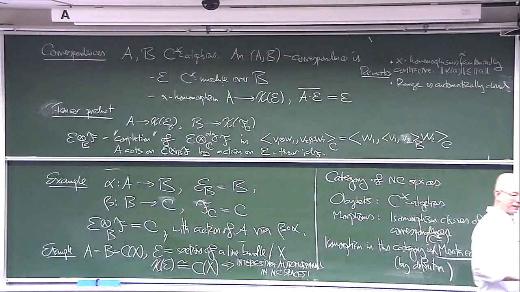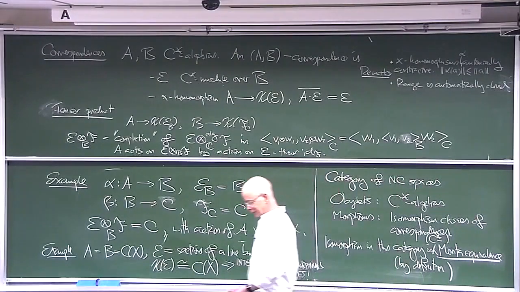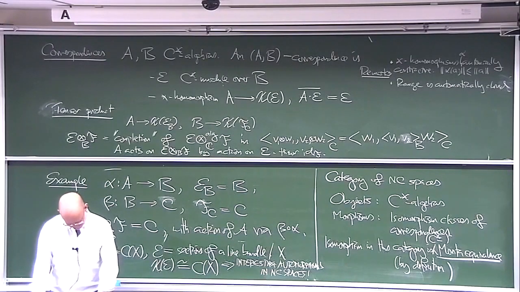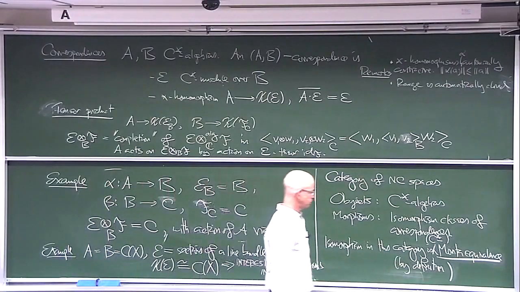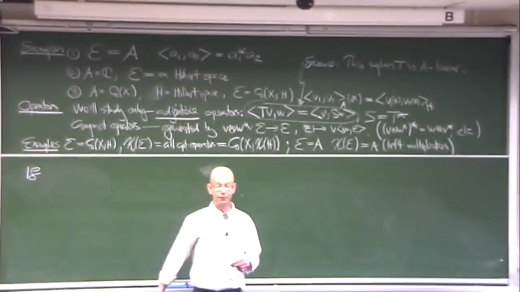But we don't want to get lost. We don't want to spend too much time in this category, even though it's a very beautiful and interesting thing. Where do we want to go instead? Let's not stray too far from representation theory.